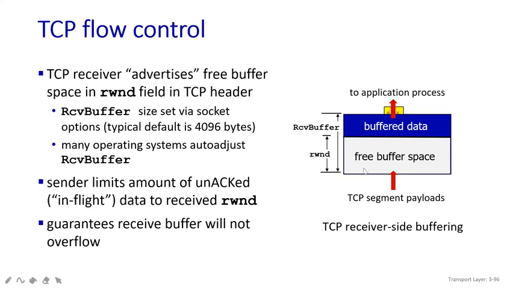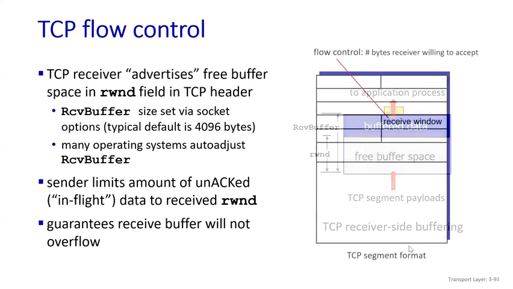Suppose you have a free buffer space of 2000 bytes and 2096 bytes of already buffered data, then you can allocate only 2000 bytes of data. You cannot overflow the data. That is your buffered data and free buffer space. All these things happen inside your TCP receiver side buffering.